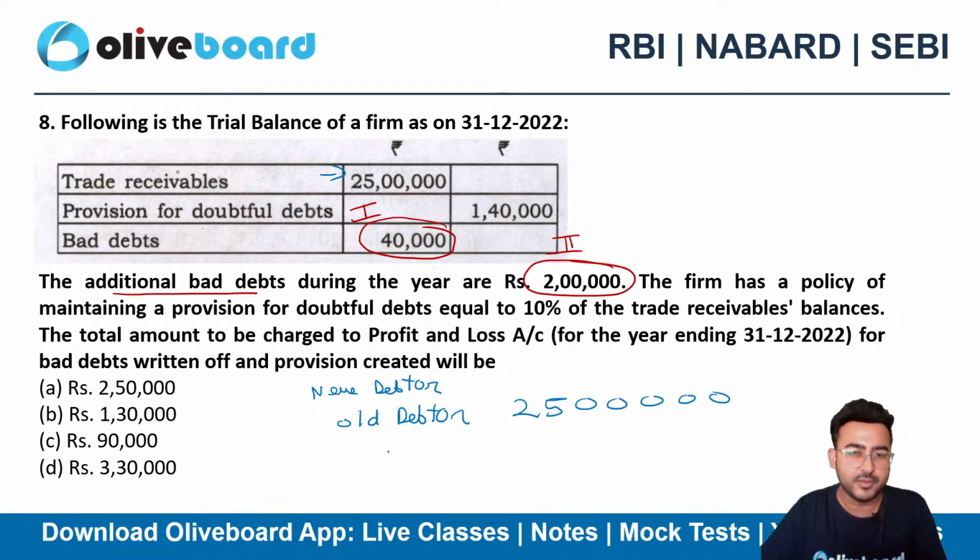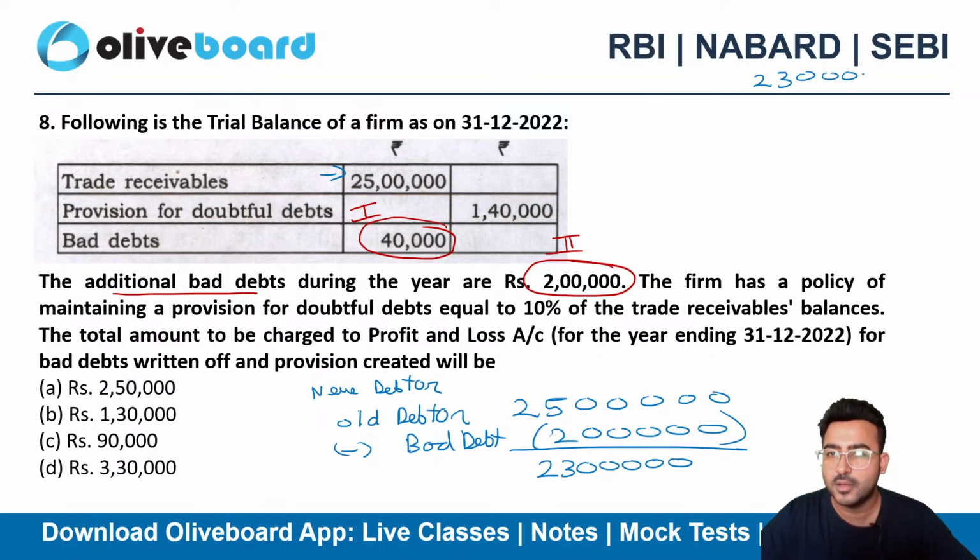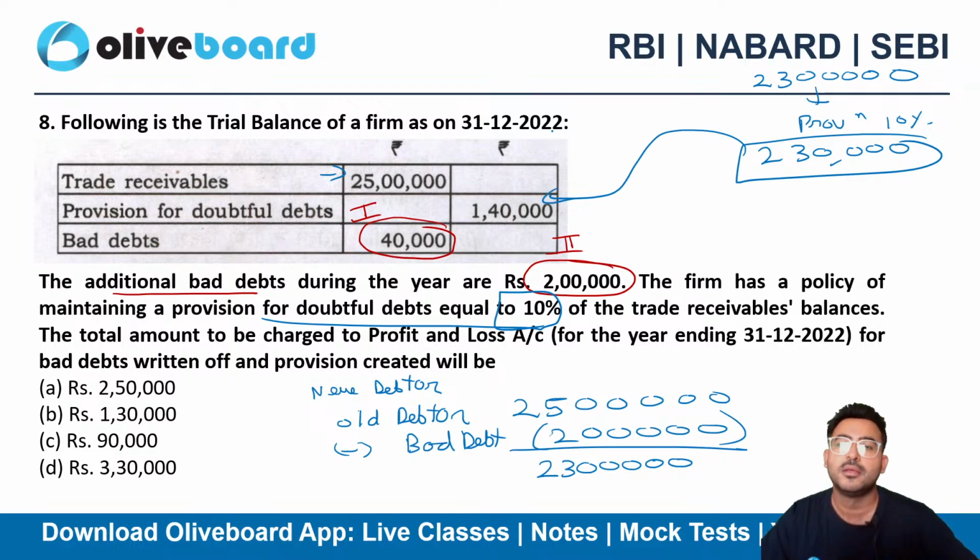Now there are some additional bad debts worth 2 lakh, right? So can I say that after this 2 lakh new bad debt amount, the new debtor balance will be 23 lakh. On this 23 lakh, I need to maintain a provision of 10%. So 2,30,000 I need to maintain as provision. However, I have already maintained 1,40,000.